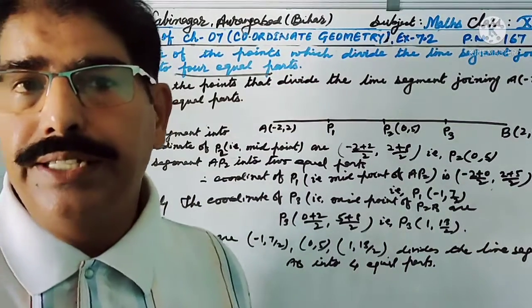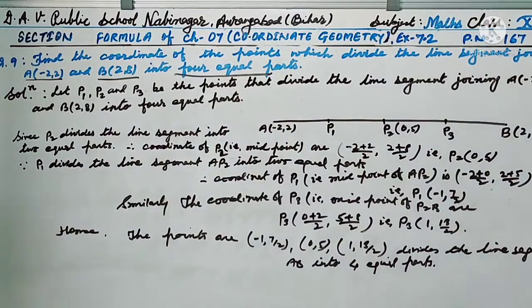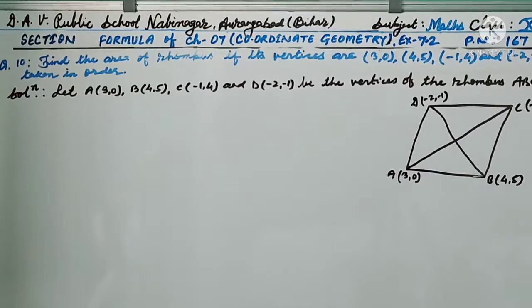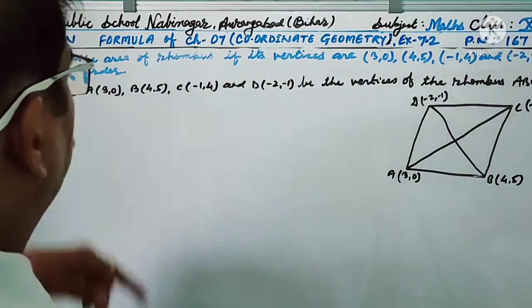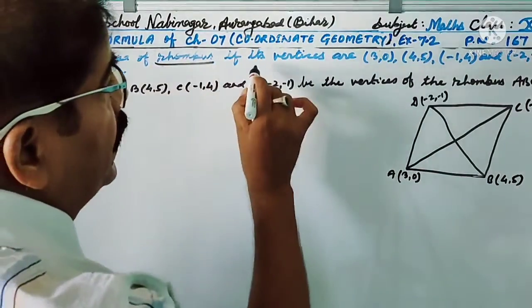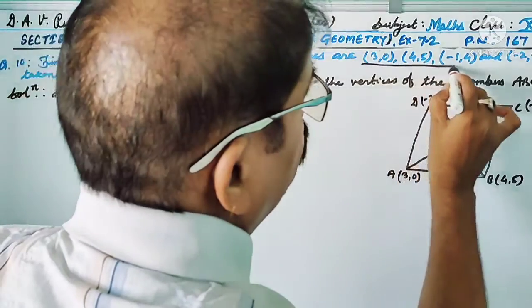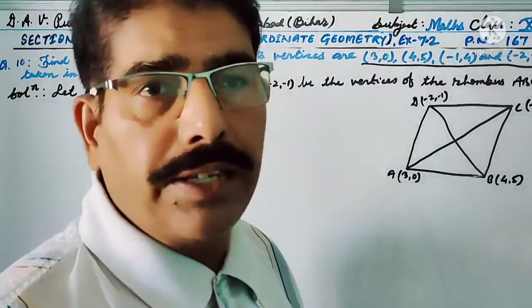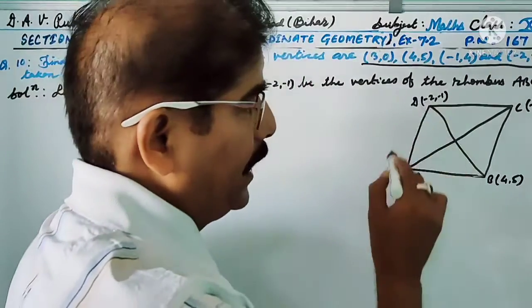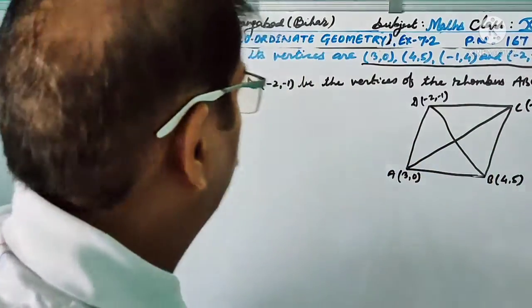And next and last question is question number 10: find the area of the rhombus if its vertices are (3, 0), (4, 5), (-1, 4) and (-2, 1). This one, ABCD, is a rhombus.